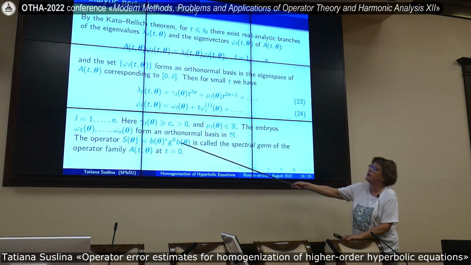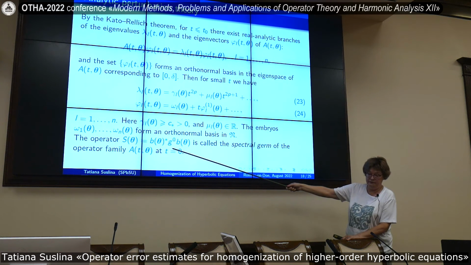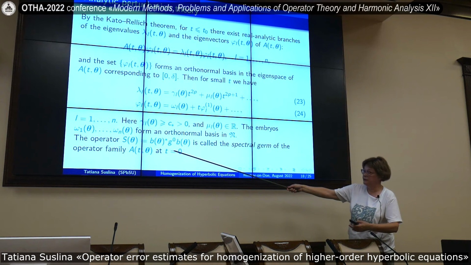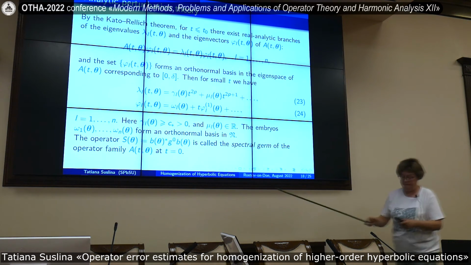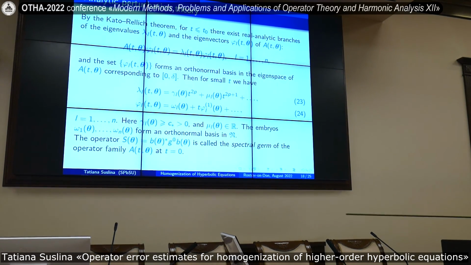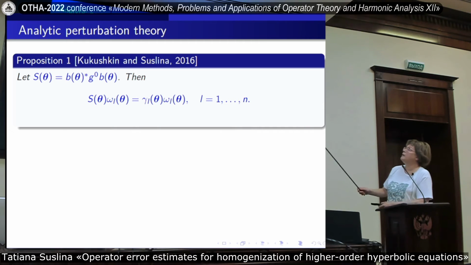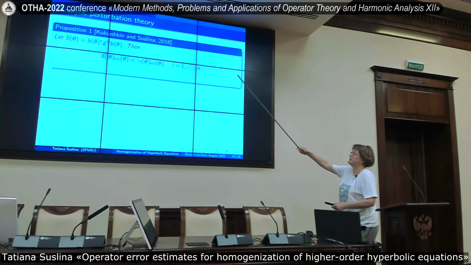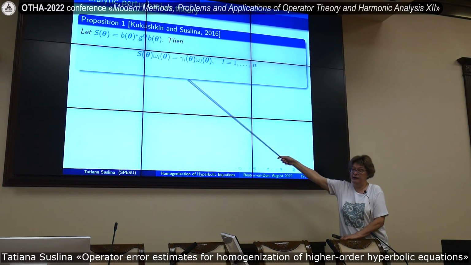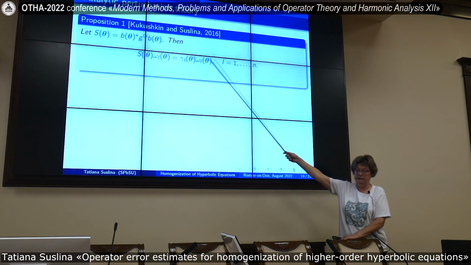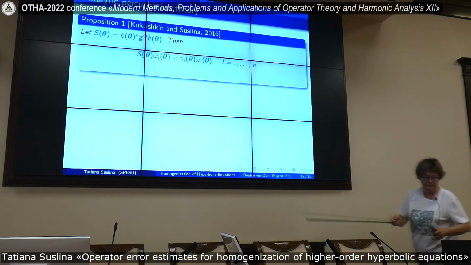In fact, it is the symbol of the effective operator on vector theta. It is called the spectral germ of our operator family. And it turns out that these coefficients gamma_l are eigenvalues, and the germs omega_l are eigenvectors of the spectral germ.